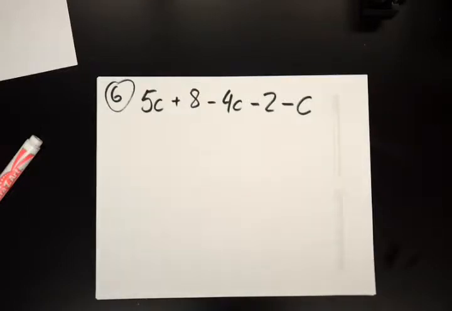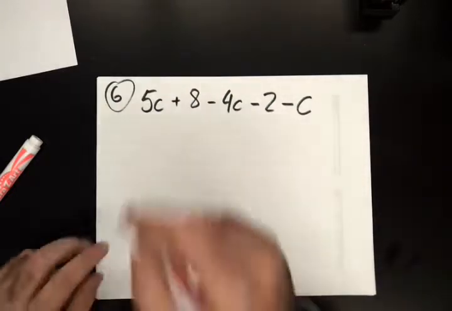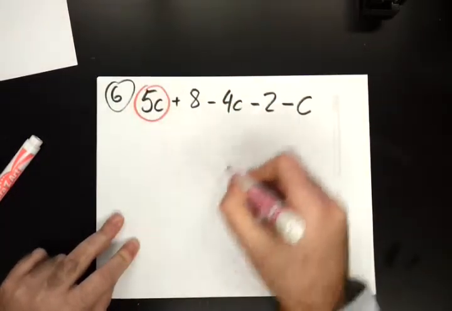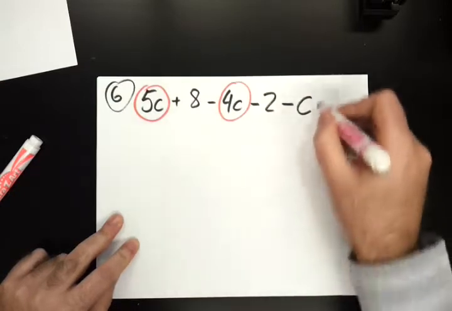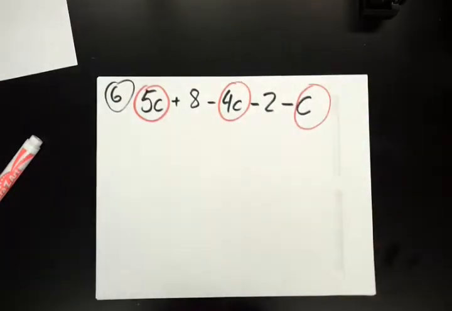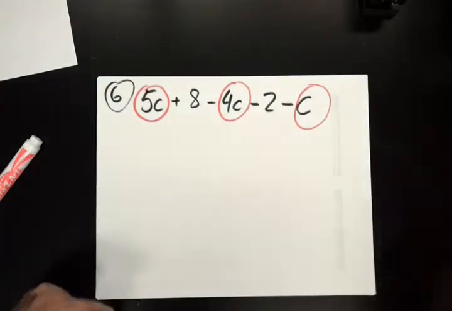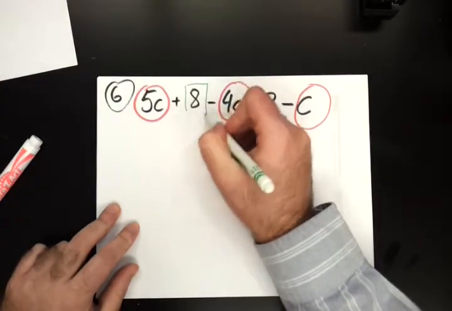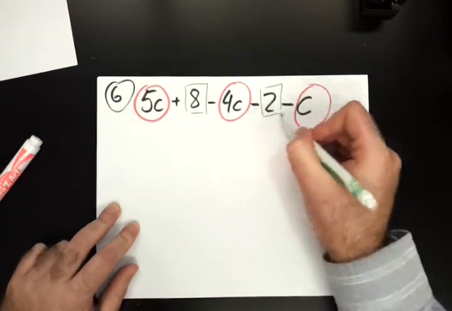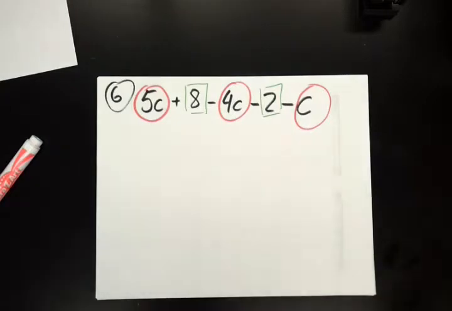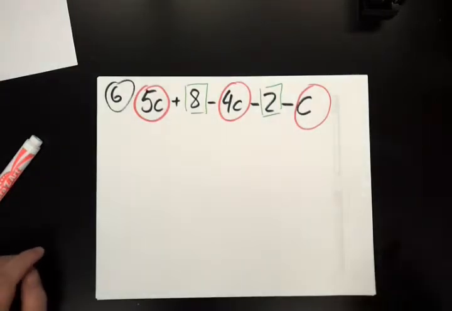But there are only 2 different term types here. We have the C terms, this one, this one, this one, and we have the constants, this one, this one. Only 2 term types. Makes it a little easier.